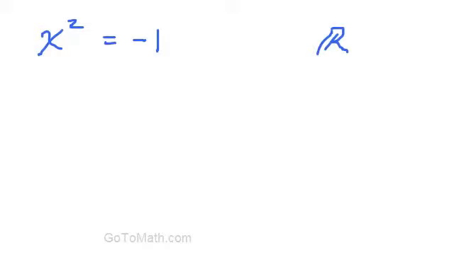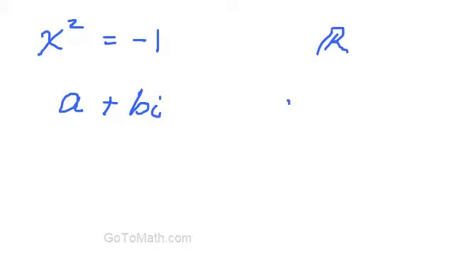So what exactly does a complex number look like? A complex number is in this form right here, a plus bi. This is known as a complex number in the standard form, where a and b are real numbers, and i is called the imaginary unit.